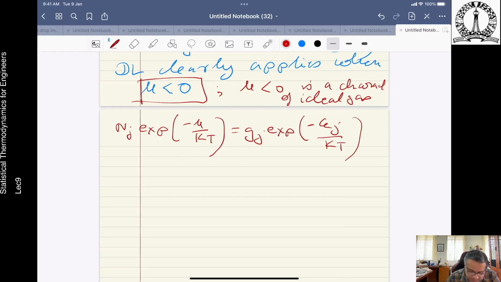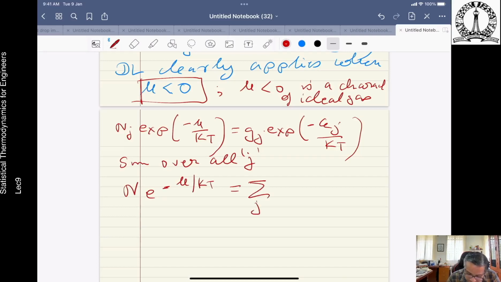So this is just a simple separation now. Sum over all j, that is, sum over all energy levels. What you see is N e to the minus mu by Kt, right? Because we have summed it over all energy levels. This side, of course, is the sum over j of Gj exponential minus Ej by Kt.